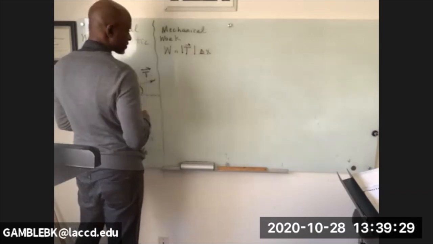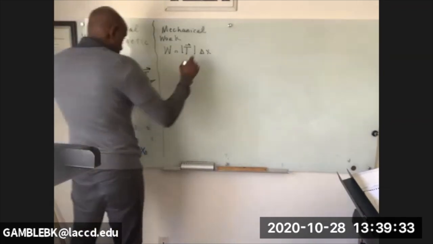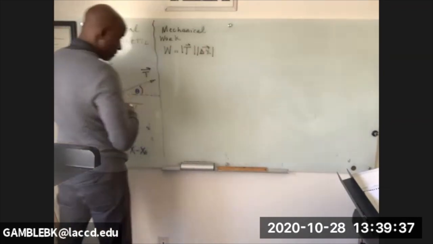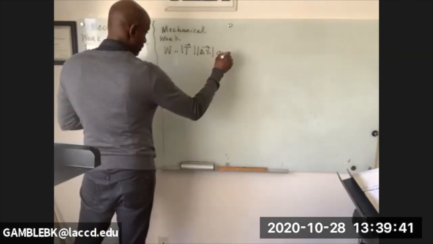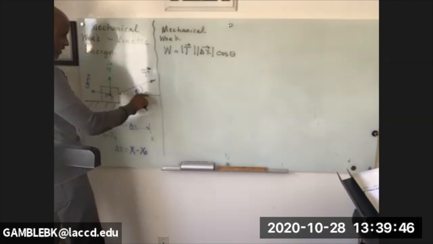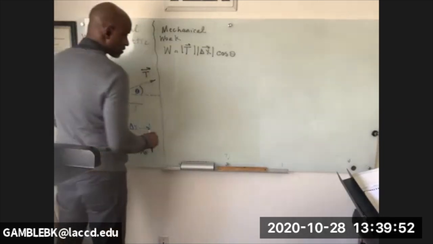It's really not a displacement. The terminology used is path, and we'll talk about why later. The magnitude of the path times the cosine of the angle between those two things, where the direction of the path is in the direction of motion, and T is the force.